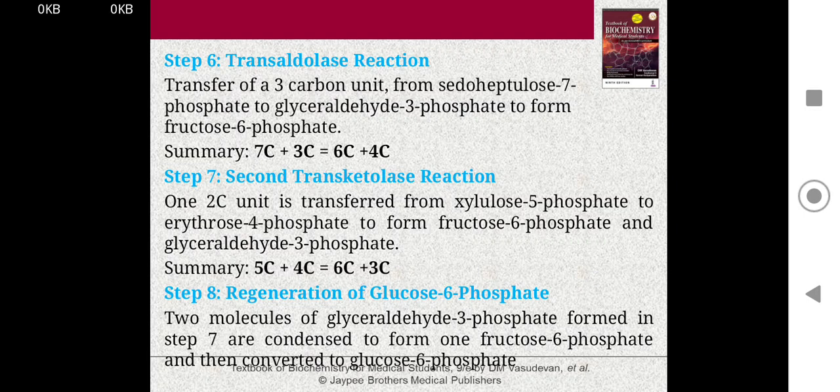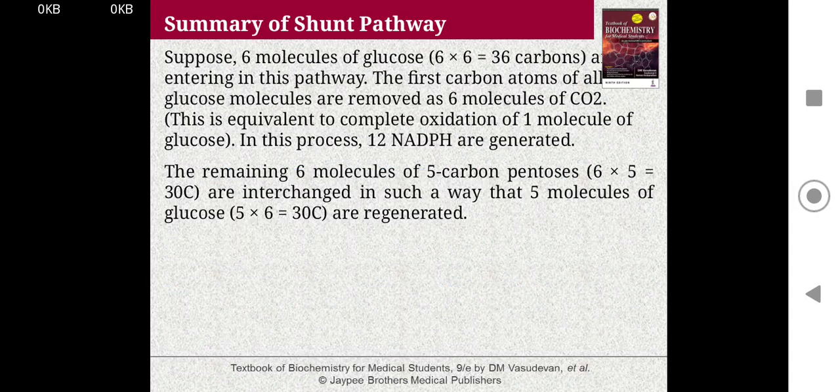Here a 2 carbon unit is transferred from xylulose 5-phosphate to erythrose 4-phosphate to form fructose 6-phosphate and glyceraldehyde 3-phosphate. Now step 8, the regeneration of glucose 6-phosphate. 2 molecules of glyceraldehyde 3-phosphate formed in step 7 are condensed to form 1 fructose 6-phosphate. It is then converted to glucose 6-phosphate by the glycolytic pathway.